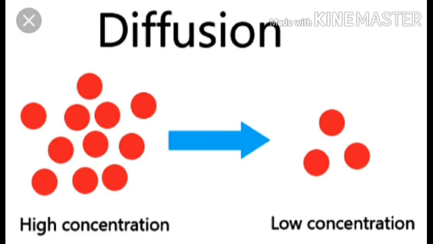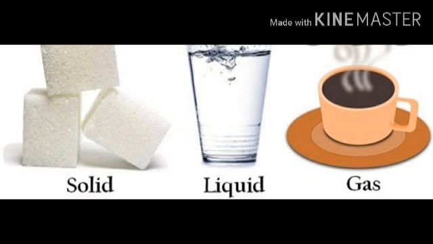And diffusion. What is meant by diffusion? Diffusion is a spreading sense. Any particle mixes with air particles and moves from the region of higher concentration to the region of lower concentration.